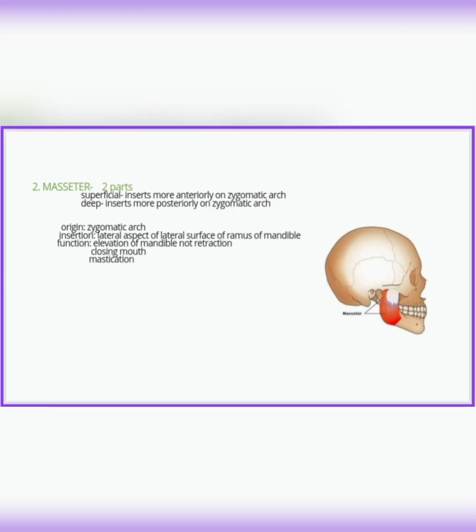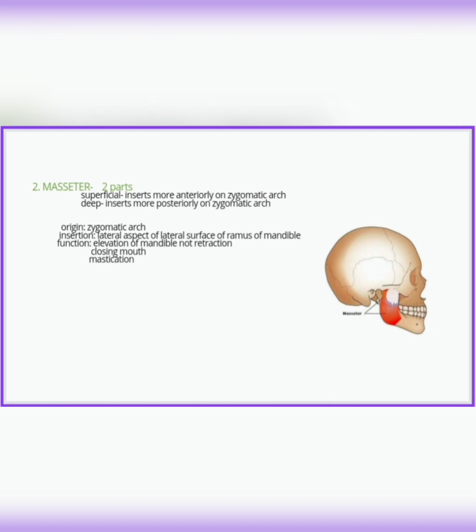The next muscle is the masseter. It has two parts, superficial and deep. The superficial part is inserted more anteriorly on the zygomatic arch, and the deep part is inserted more posteriorly on the zygomatic arch, because it originates from the zygomatic arch.